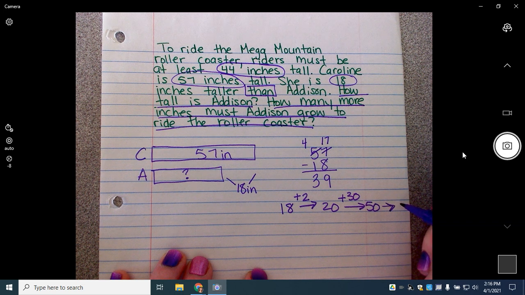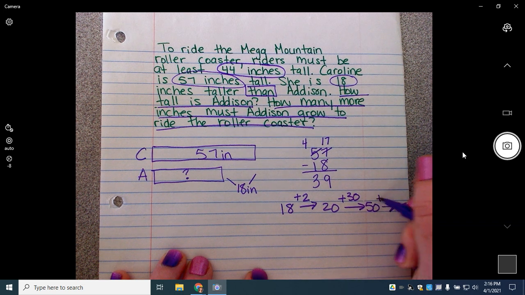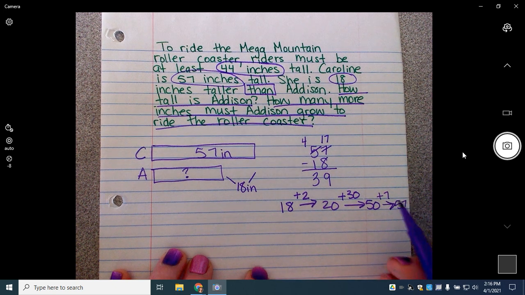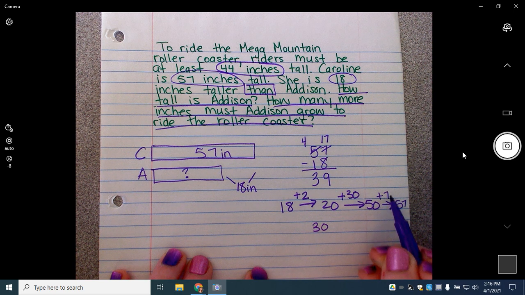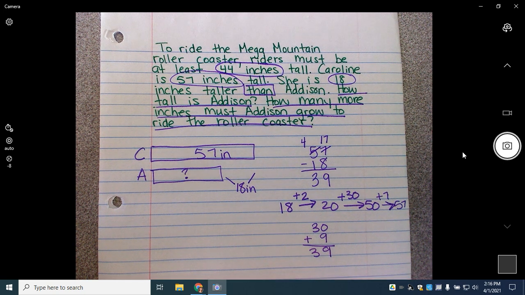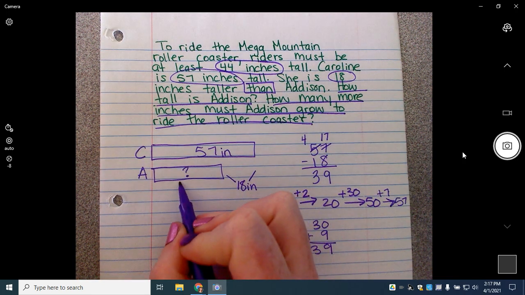And then to 57, add 7. So add our 30, 7, 8, 9, 30 plus 9 is 39 inches. Either one of those ways. If you like adding better versus subtracting and decomposing, either one of those ways is correct. So that's the first part. We know that Addison is 39 inches.